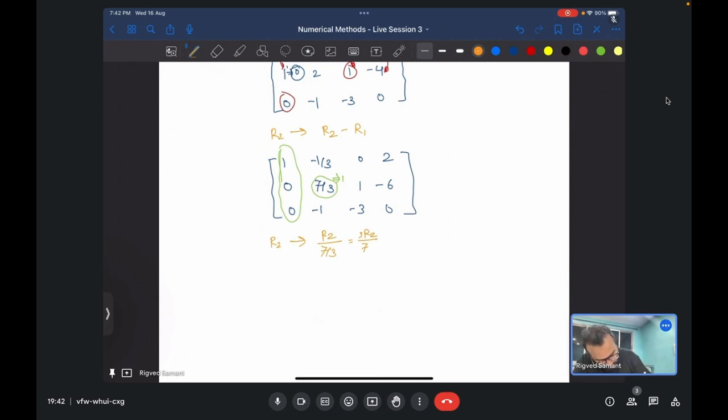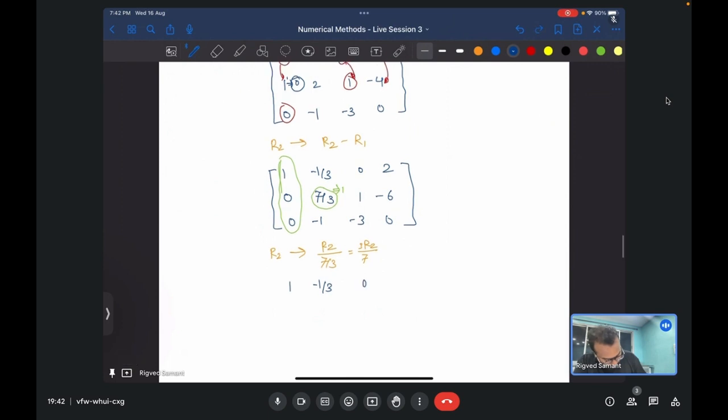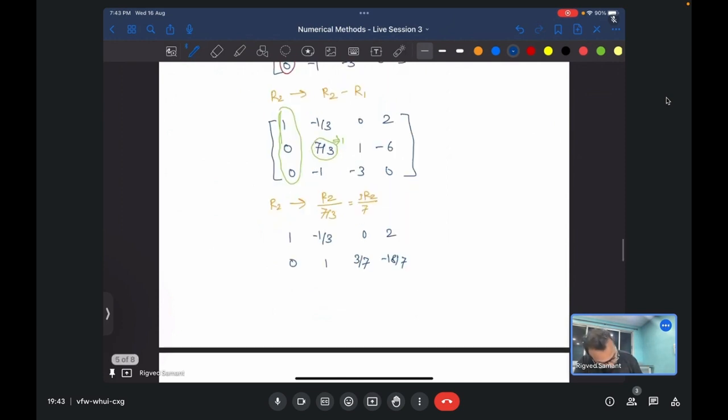So the first row would be similar: 1, minus 1 by 3, 0, 2. This will be 1. So 1 into 3 by 7 is 3 by 7, and minus 6 into 3 by 7 is minus 18 by 7. This row will be the same.